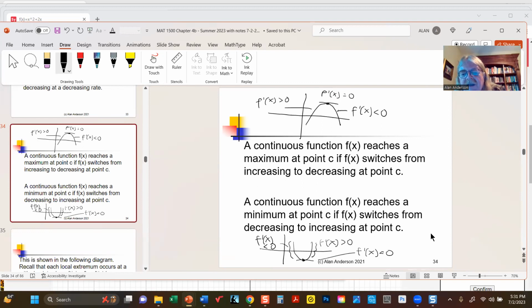And conversely, at the bottom, you can see that a continuous function f of x reaches a minimum point c if f of x switches from decreasing to increasing. So here's what they're telling me. We can identify these extreme points with the first derivative, but we can't be sure that these are minima or maxima without more information. And this is that more information that we needed.